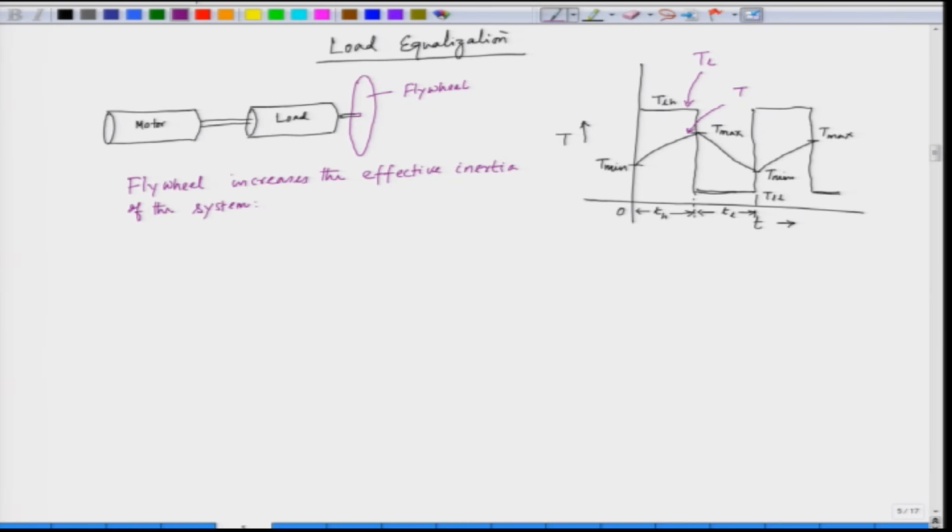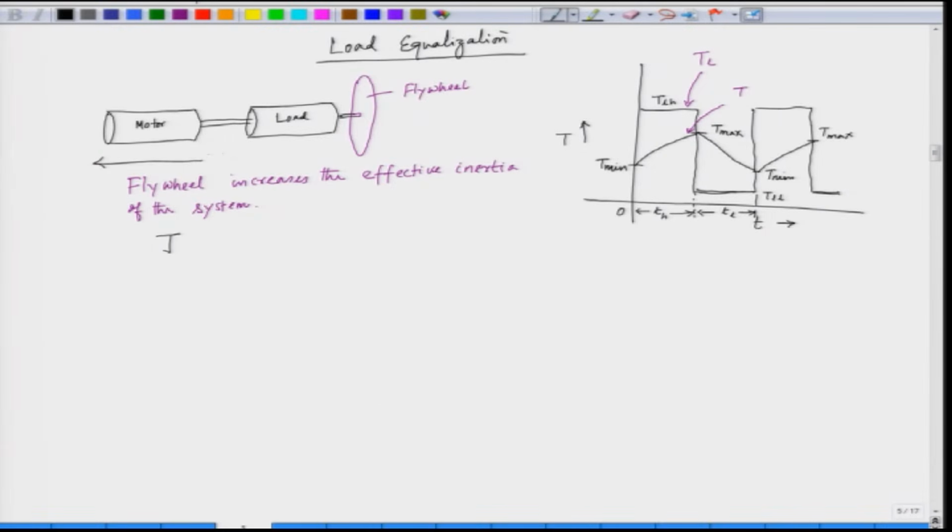So, when the inertia is more, the motor and the load combination can supply more load torque. So, in this case the total inertia is J, which is the combined inertia, and this consists of the inertia of the motor plus the inertia of the flywheel.